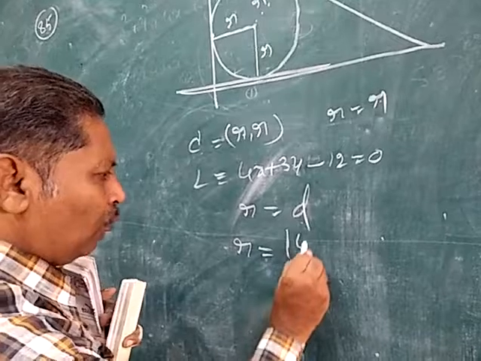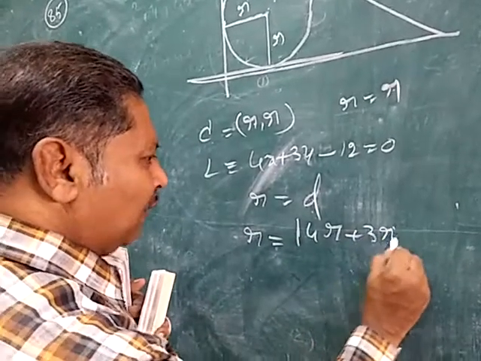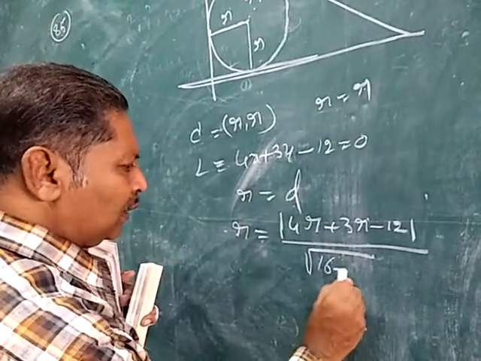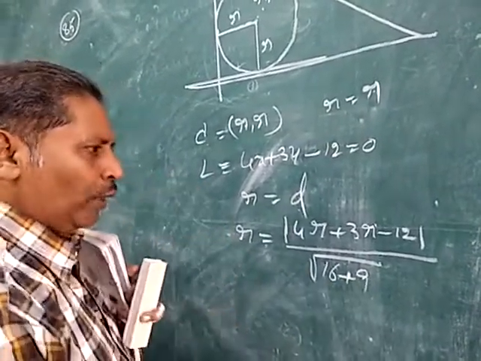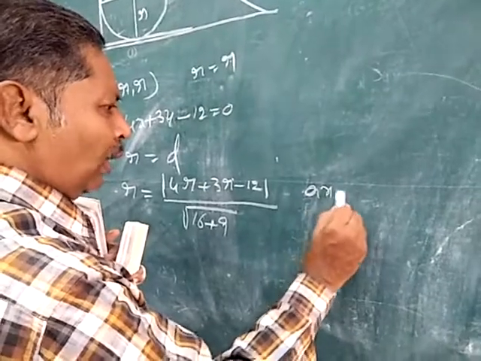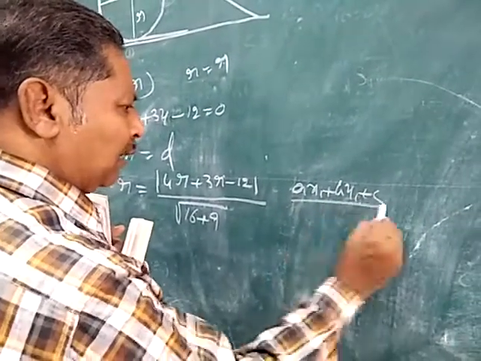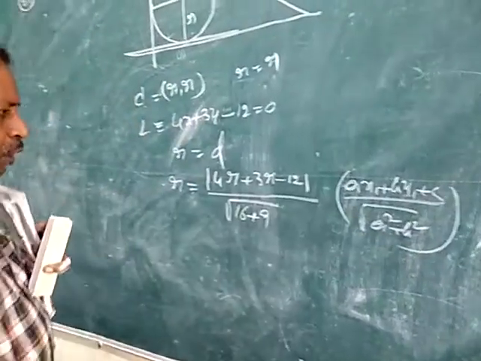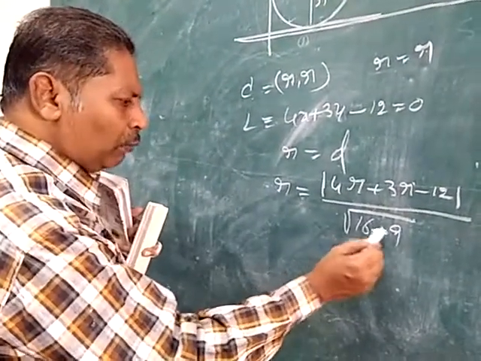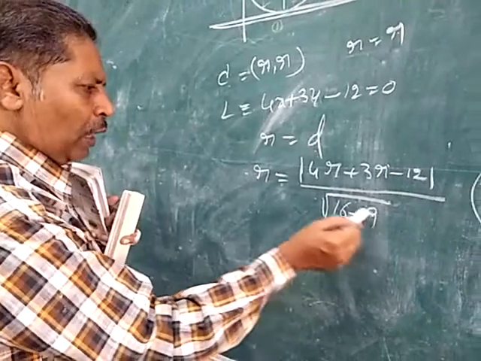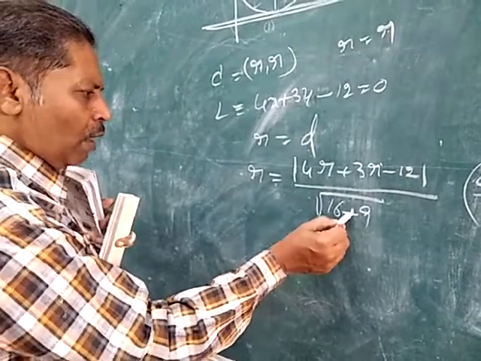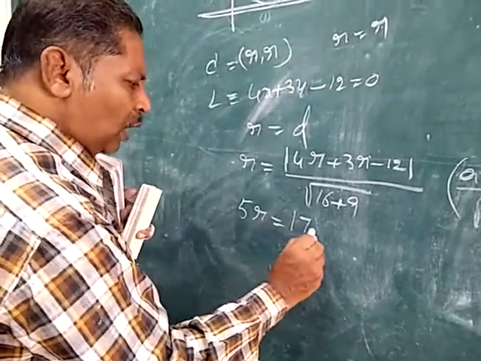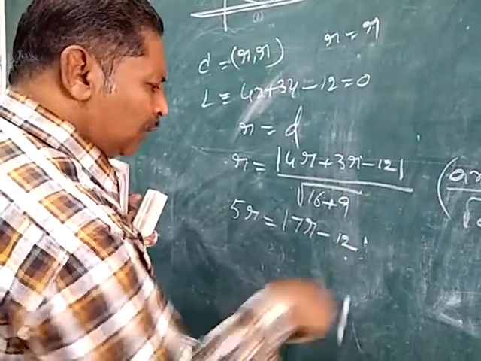So d is the modulus of 4r plus 3r minus 12 by under root 16 plus 9. We apply the formula ax1 plus by1 plus c by under root a square plus b square. 16 plus 9 equals 25, under root 25 equals 5. By cross multiplication, 5r equals modulus of 7r minus 12.